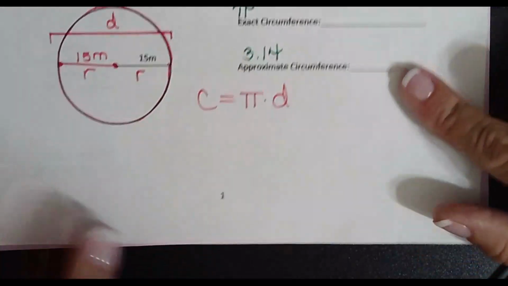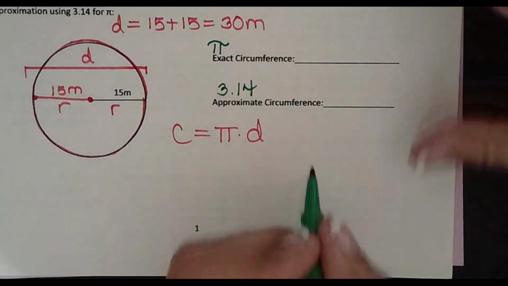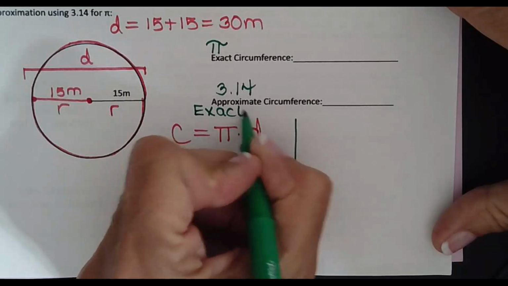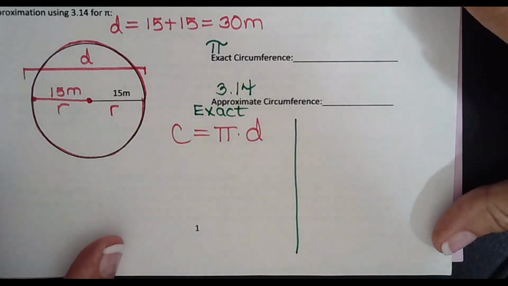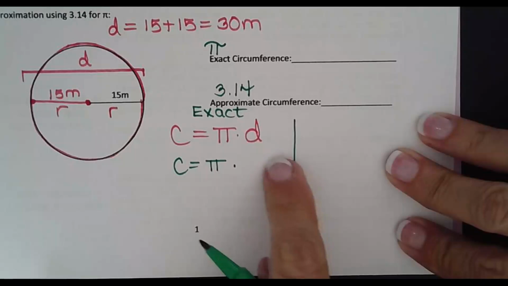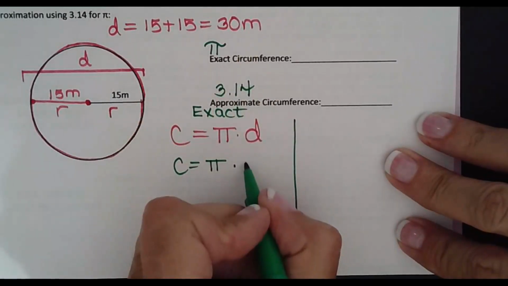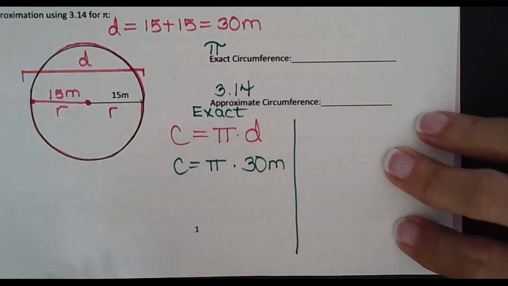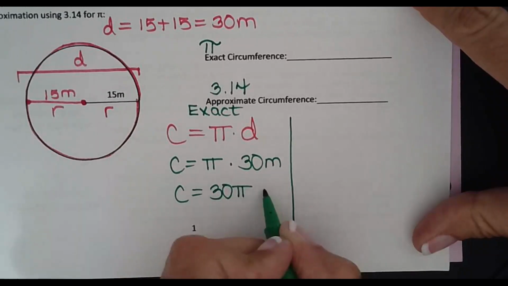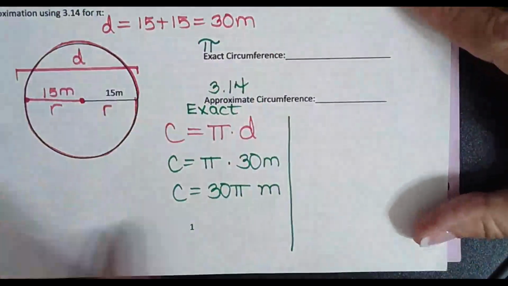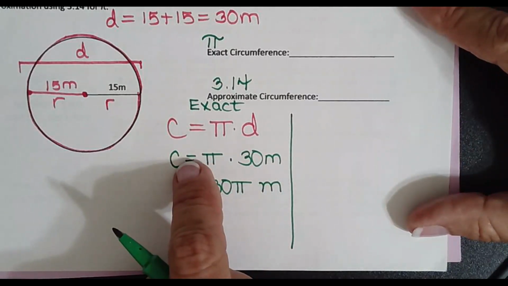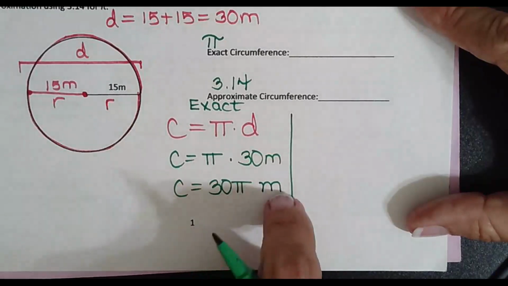So we have circumference exact. So this is going to be the exact. So that means leave pi in it. So circumference equals pi times diameter, and we just found the diameter to be 30 meters. So the circumference is 30 pi meters. So usually when you have a symbol variable, usually the number goes first, the symbol second, and then last is your units.